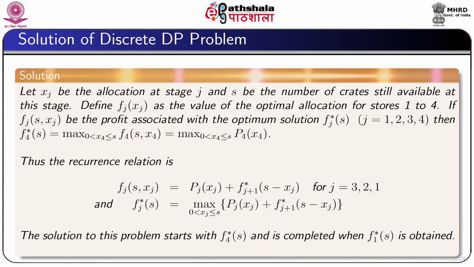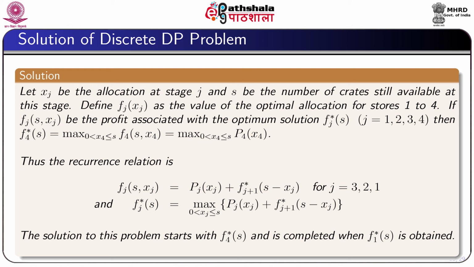Let x_j be the allocation at stage j and s be the number of crates still available at this stage. We define f_j as the value of the optimal allocation for stores 1 to 4.